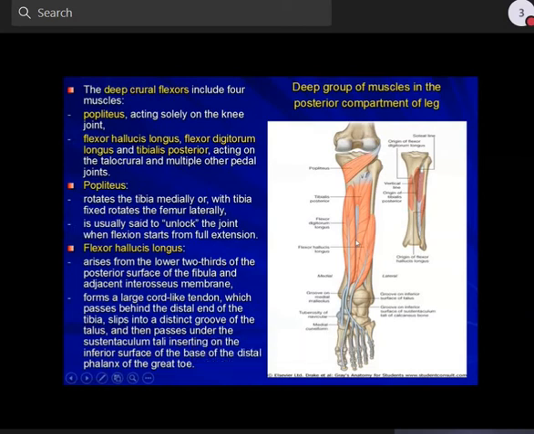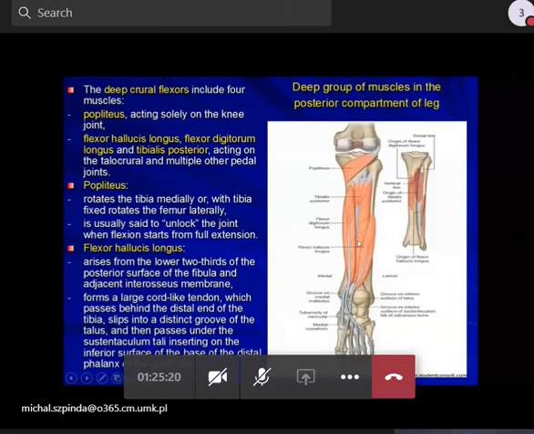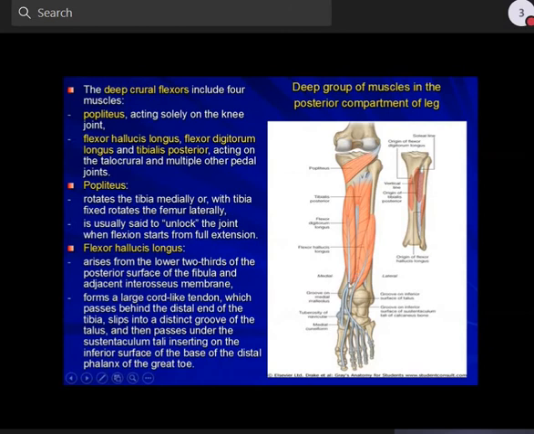But towards the distal part of the leg, it becomes the very first. It passes deep to the flexor digitorum longus, and just behind the medial malleolus is the very first muscle, anterior. It changes its position with reference to the flexor digitorum longus.